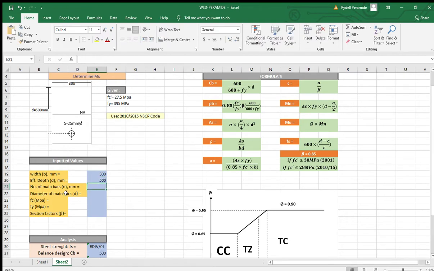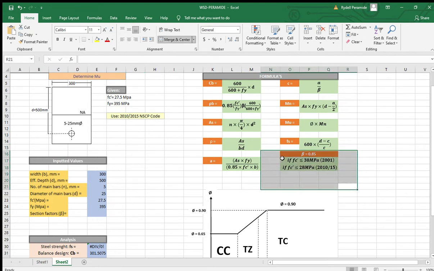The number of main bars here is 5. Diameter of main bars 35. f'c given 27.5. fy 395. And the section factor, the beta, since we are using the 2010 2015 NSCP code here.